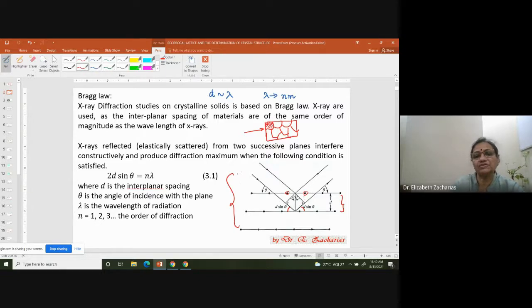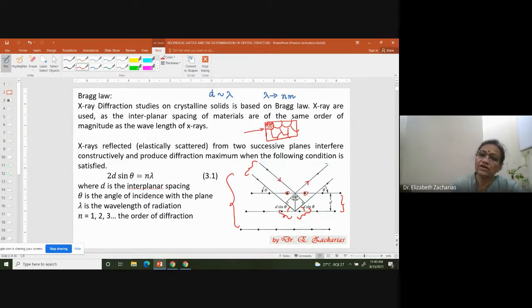Let us typically take just two rays. So these two rays, you can see, will have a path difference. This ray has traveled an extra distance, shown by these two curly brackets, whereas the one which is here is traveling a lesser distance.